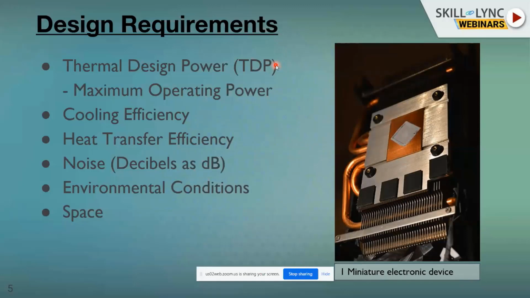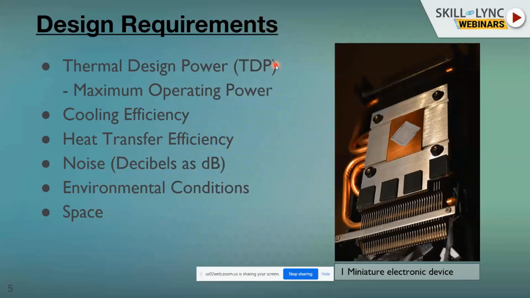I can use an i3 processor, an i5 processor, or an i7 processor. The processor varies and the power wattage varies. So that's the first question which I ask for designing an electronic device: TDP, thermal design power, the maximum operating power. This is the base from which we can start designing other components.